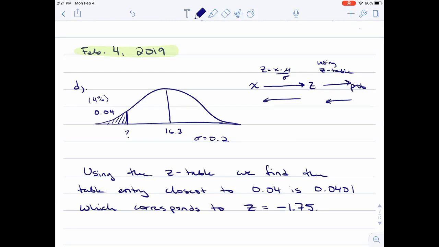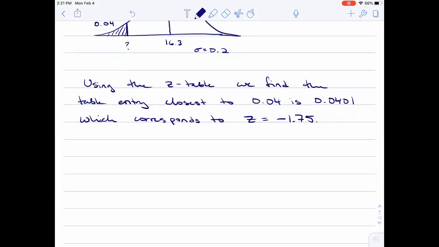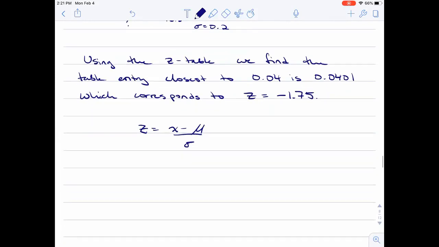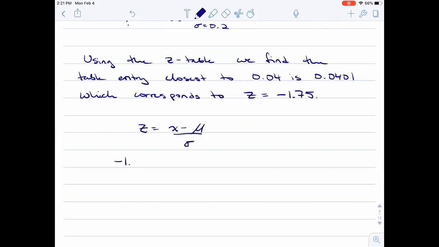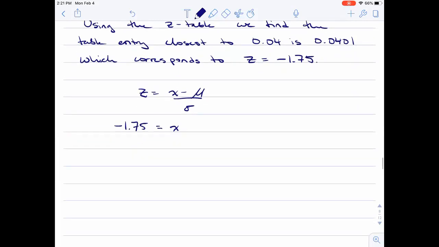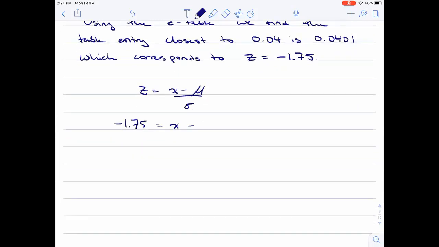So now we have Z is still X minus mu over sigma, but Z is now negative 1.75, which is x, the one we're trying to solve for, minus mu, which is 16.3, over sigma, which is 0.2.